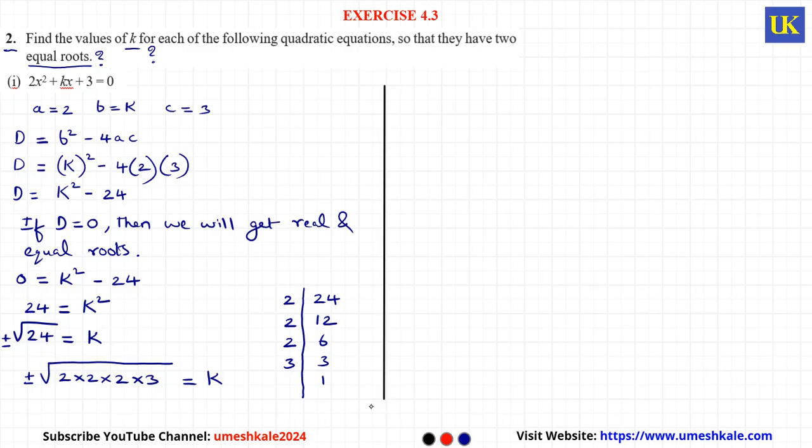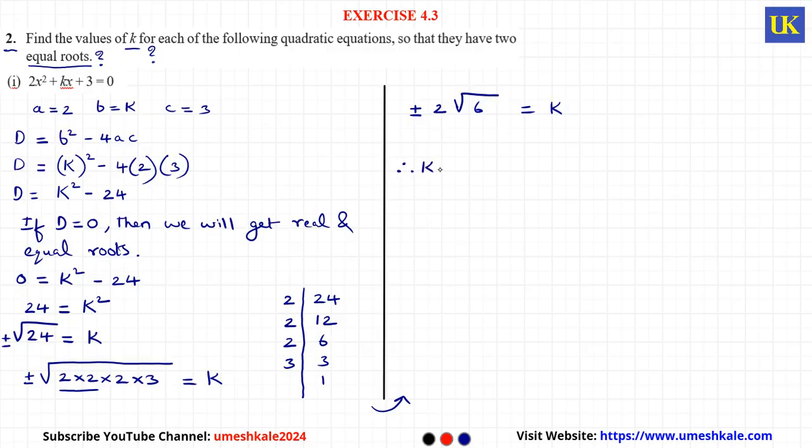We will continue here so that we can see clearly. Now the pairs can come outside the square root. So this pair is forming, so it can come outside, and the remaining things cannot jump outside this root because they are not forming pairs. So 2 into 3 is 6. So 6 is equal to k.